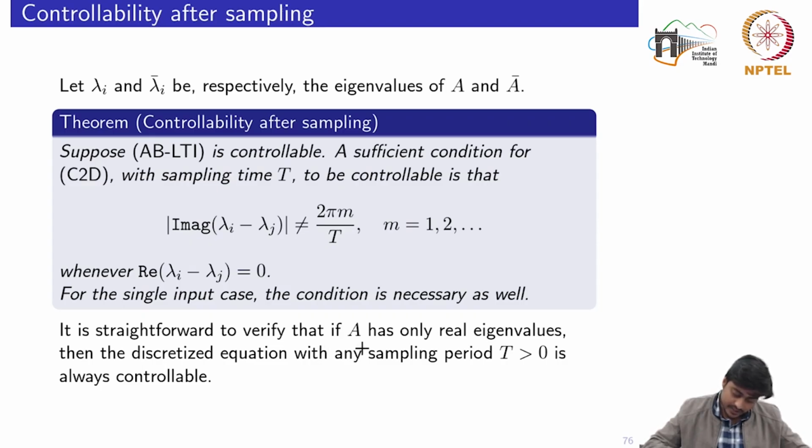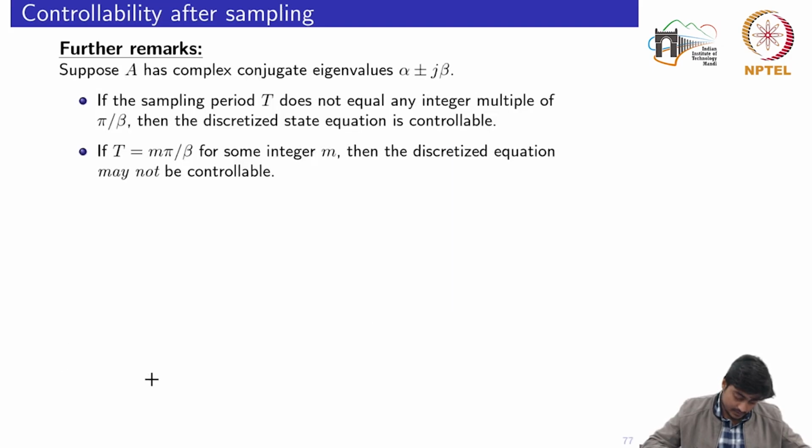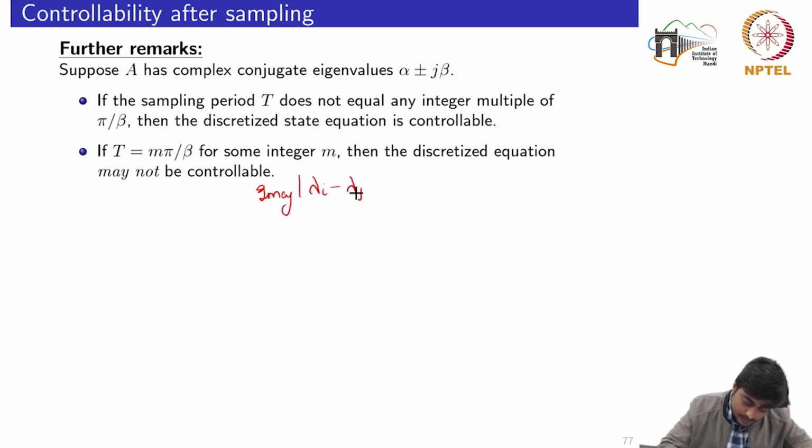So it is straightforward to verify that if the matrix A has only real eigenvalues, then the discretized equation with any sampling period t greater than 0 is always controllable. Now, we have a complex conjugate pair of the matrix A. The imaginary part of lambda i minus lambda j should not be equal to 2 pi m by t.